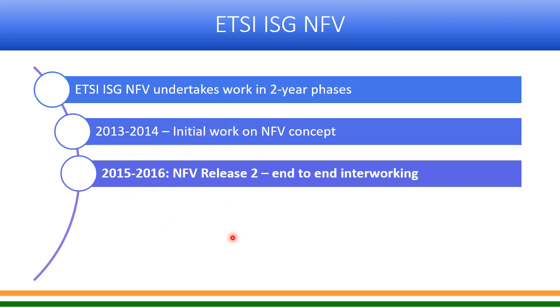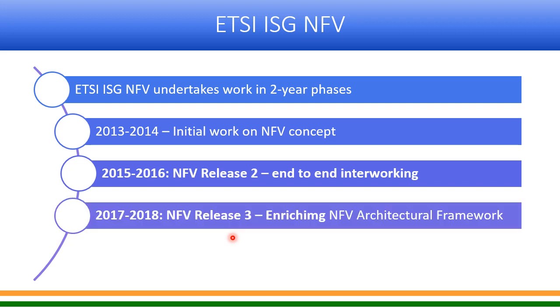So 15-16 was NFV release 2. Then release 3 came in 17-18. Every 2 years there is one release. This was enriching the NFV architectural framework. There is a spelling mistake here.